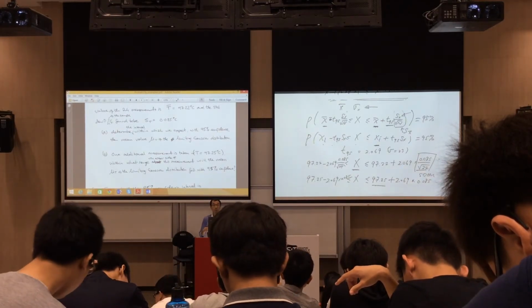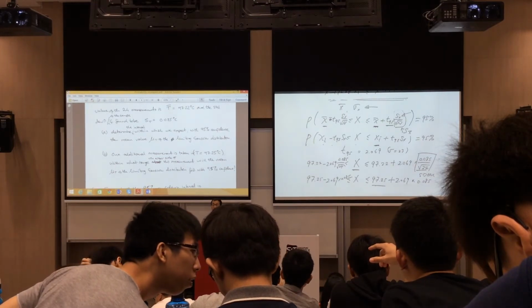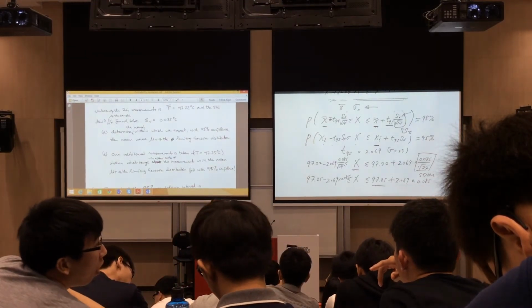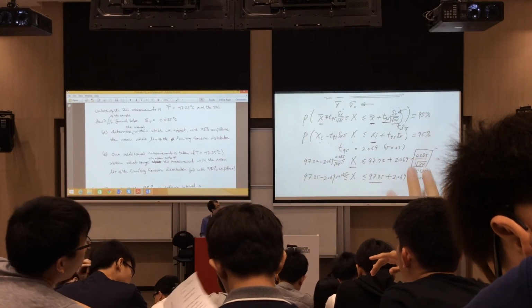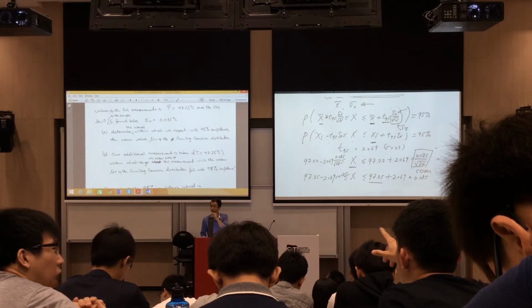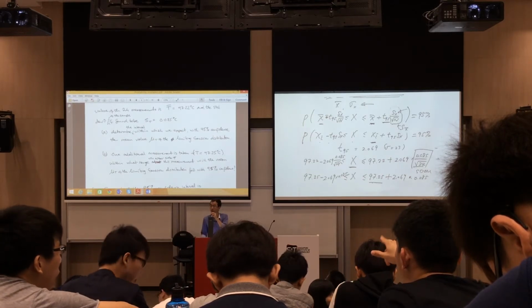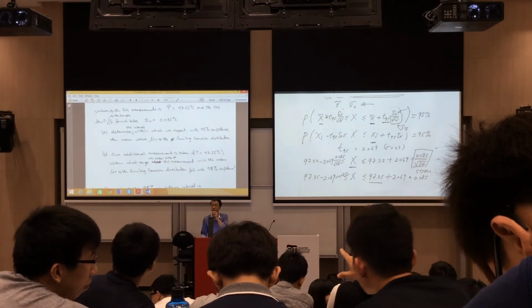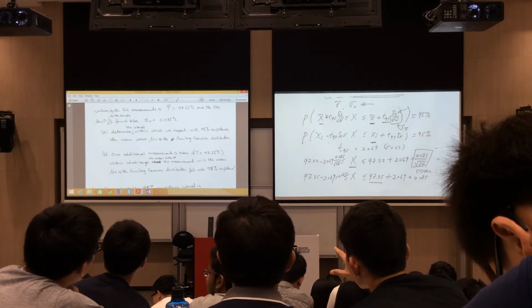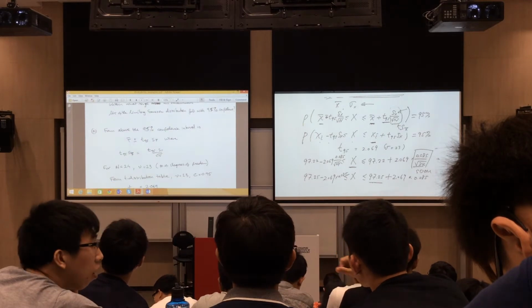The second part is, you are given one additional measurement, a single measurement. Then you can estimate the confidence limit for the two mean frequencies. Those are the types of questions.